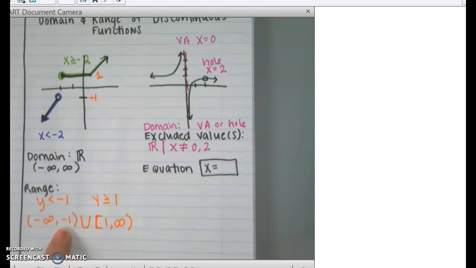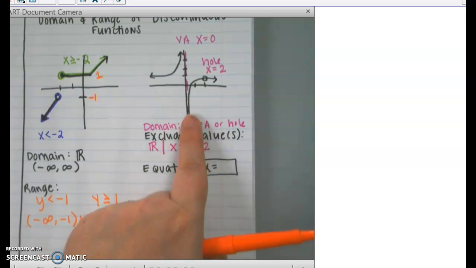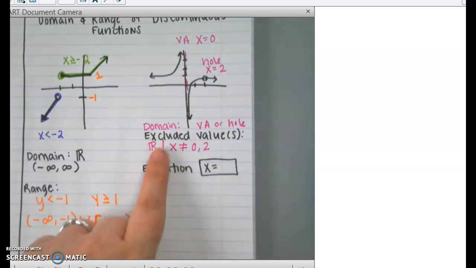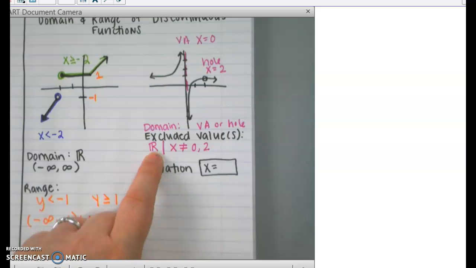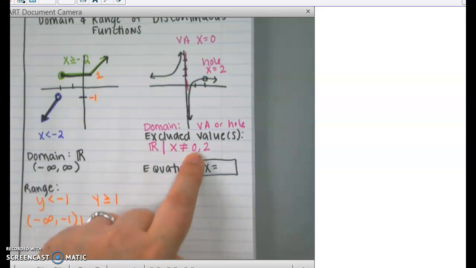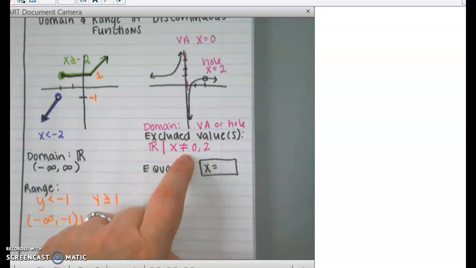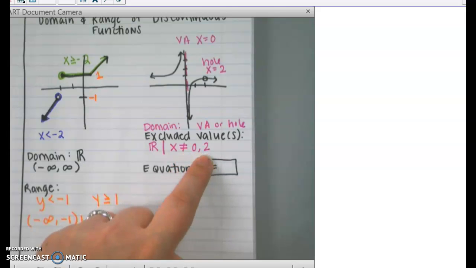Instead of writing it like this, because for a piecewise function we have a huge gap in between our pieces, but when we have a rational function, there's not a huge gap. It's just one number that we have to skip. So it is negative infinity to positive infinity, except for those two numbers specifically. Everything else is negative infinity to positive infinity for the domain. So we can make it a little bit shorter by just stating which numbers we have to exclude from the domain.